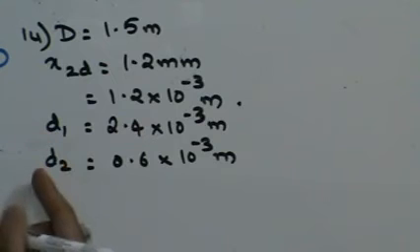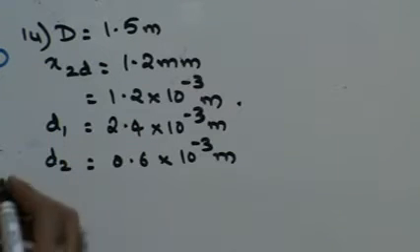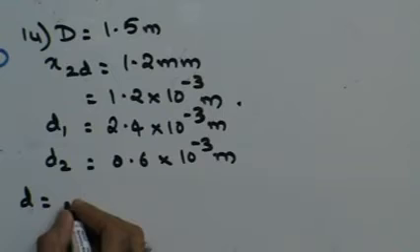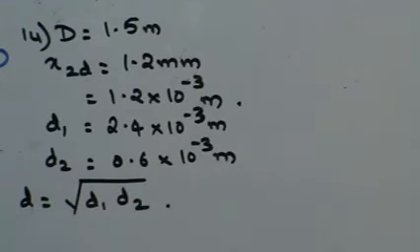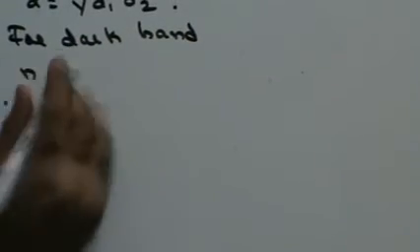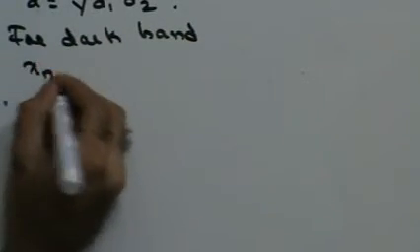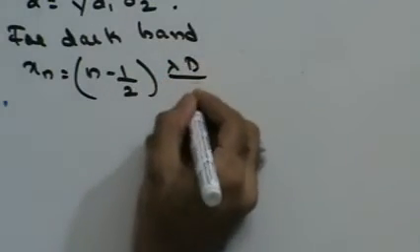First of all, they've given you the heights of the magnified and the diminished images. So I can find out the distance between the two slits. The distance between the two slits will be square root of d1 into d2. Once I know the distance between the two slits, for a dark band we know that xn is equal to n minus 1 by 2 lambda d by d.